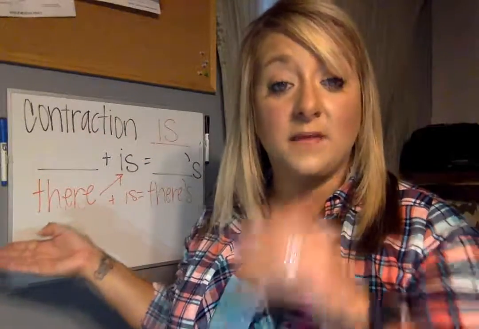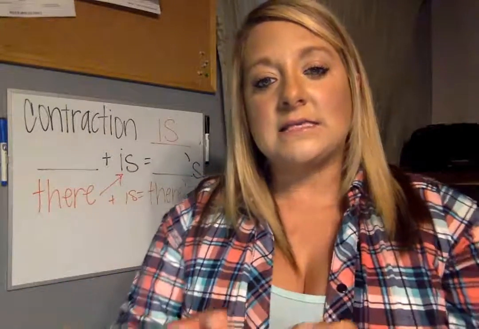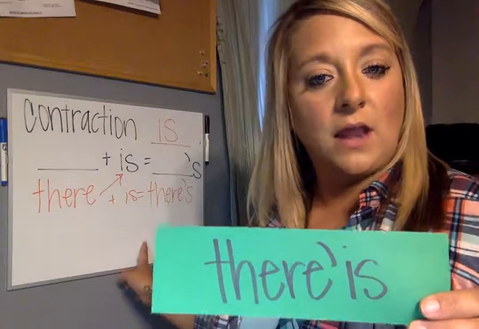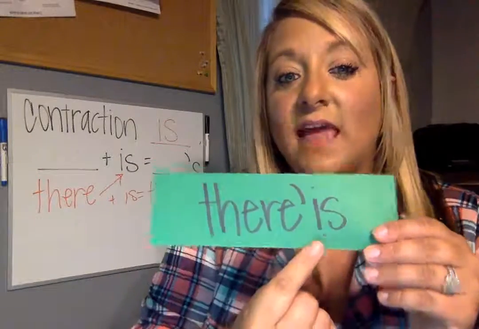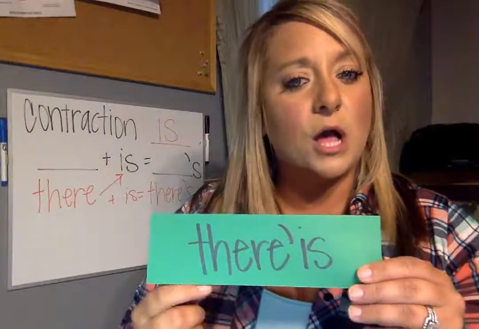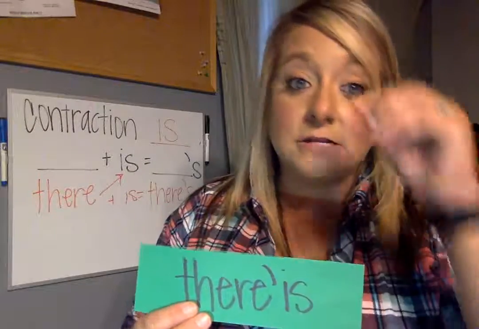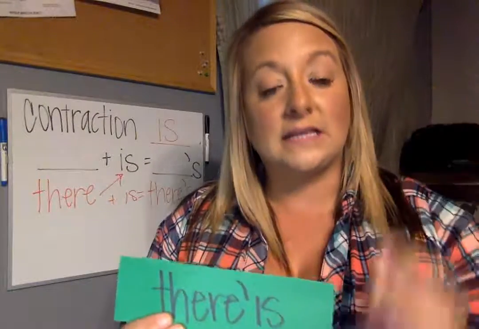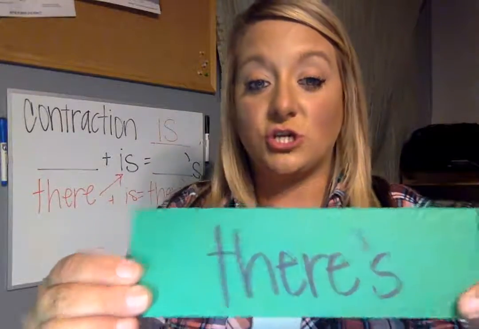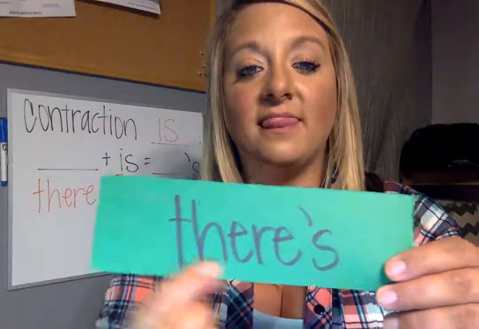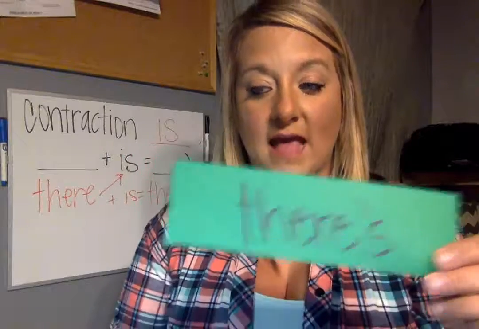In this case it would be there's. Is this matching what I wrote here? It's not. I kept the I, but I added the apostrophe, and that's not how it should look. Remember, you're deleting the I, and you're adding the apostrophe S. So it should look like this. There's, apostrophe S.